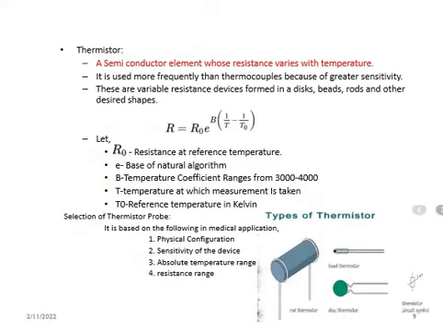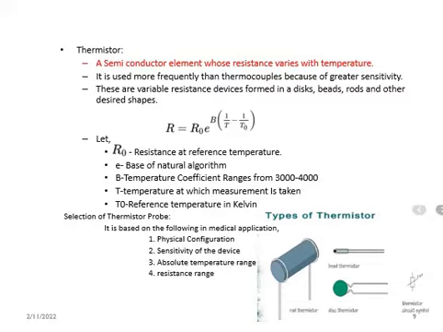Now we are going to discuss the thermistor, the thermal plus resistor. Obviously we know that the resistor is a semiconductor device, and therefore this thermistor is also a semiconductor device, which is used in the measurement of temperature.